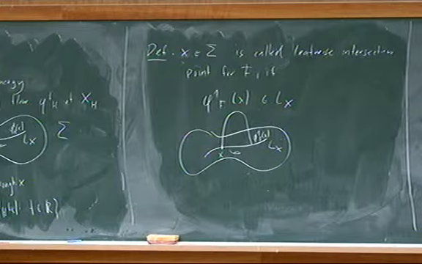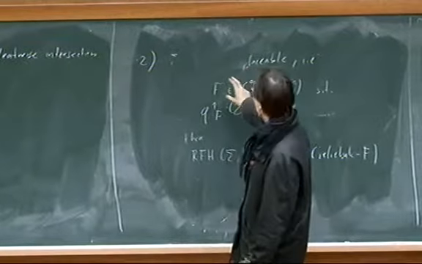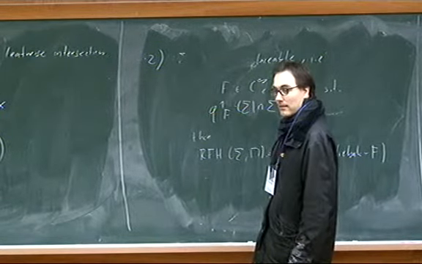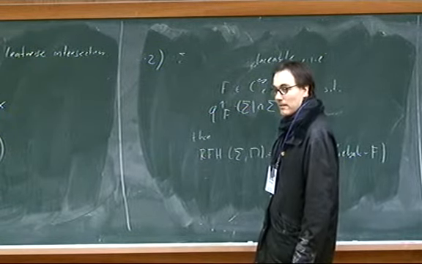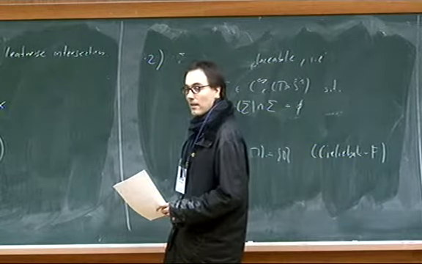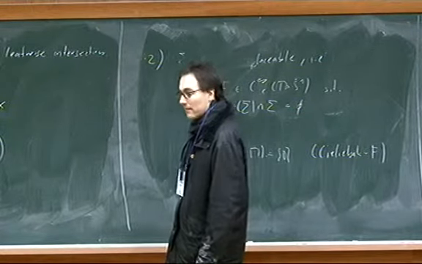So this is the so-called displacement energy. So the displacement energy of Sigma is the minimal oscillation of F you need to displace it. So that's the normalization. You normalize the time. Right. Yes.